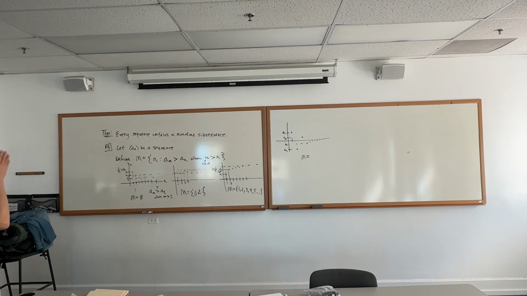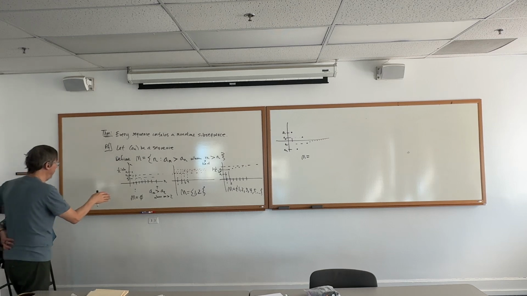You're in M if you are less than everything to your right. There can't be anything below you to be in M. So we're just grabbing the indices of those things.